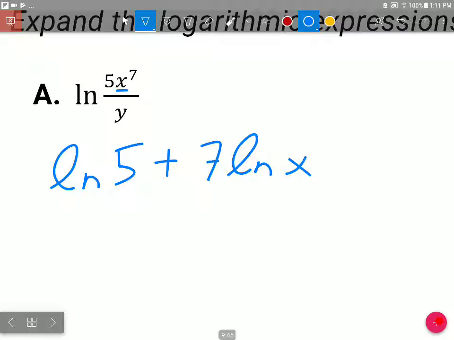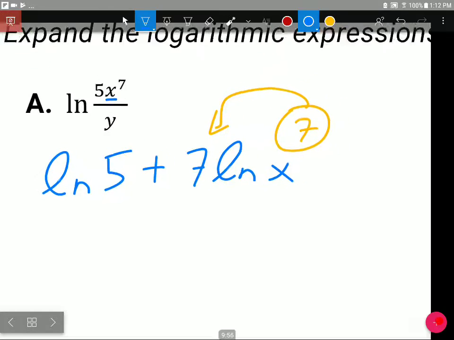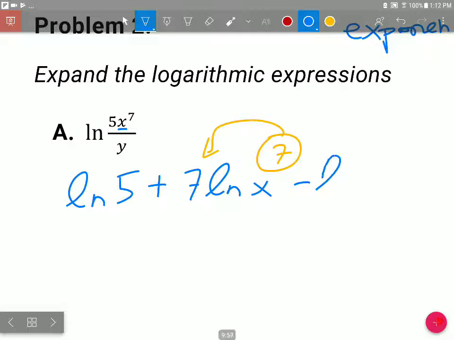Why did I put a 7 out front? Because that was the exponent. The exponent was right here, and I moved it out front. Cool? The y, would it be positive or negative? Why? Because it's on bottom, so negative ln of y. Cool. Just expanded it all the way out in one shot.